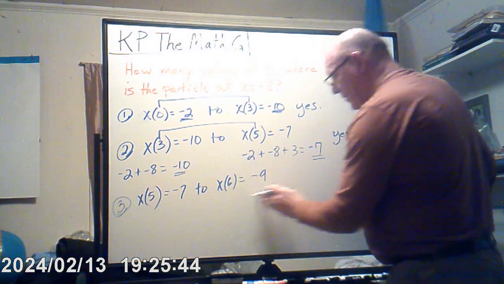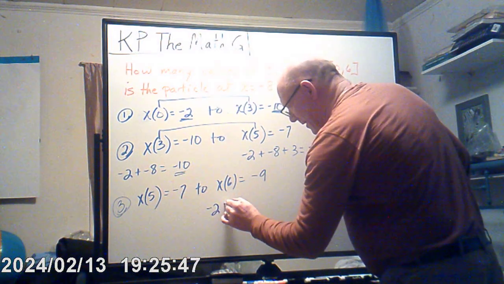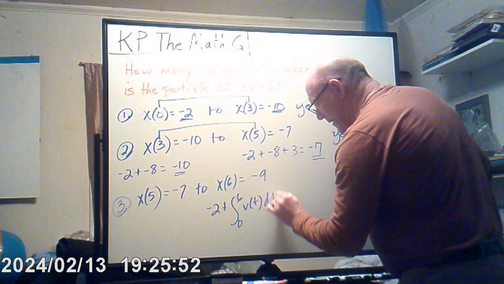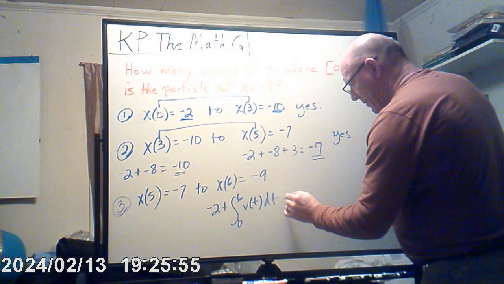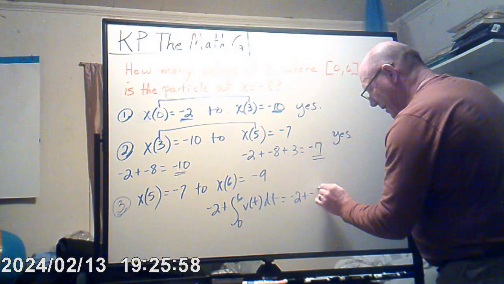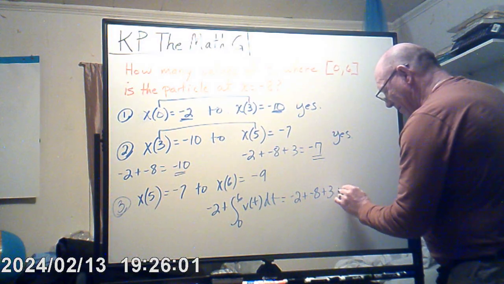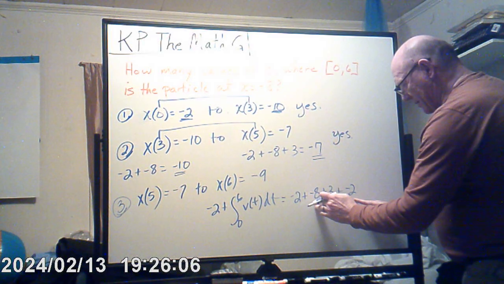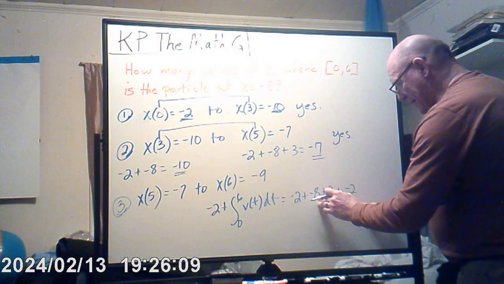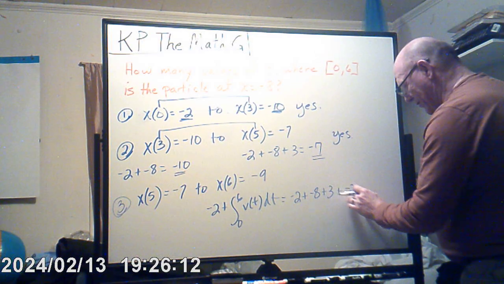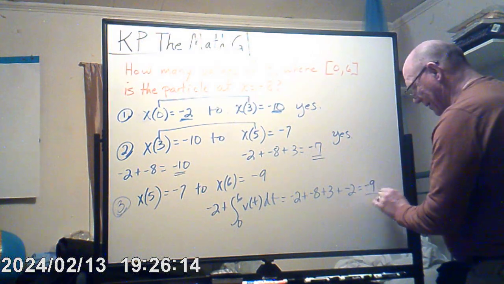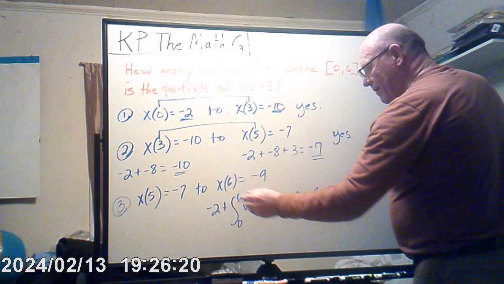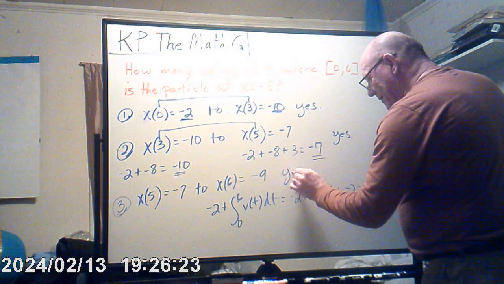Now remember, this one is just like this, plus the integral from 0 to 6 of d at t dt. That is equal to -2 plus -8 plus 3 plus -2. These first two are -10, then -7, and then -7 plus -2 is -9. So is -8 between those? Yes, it is.